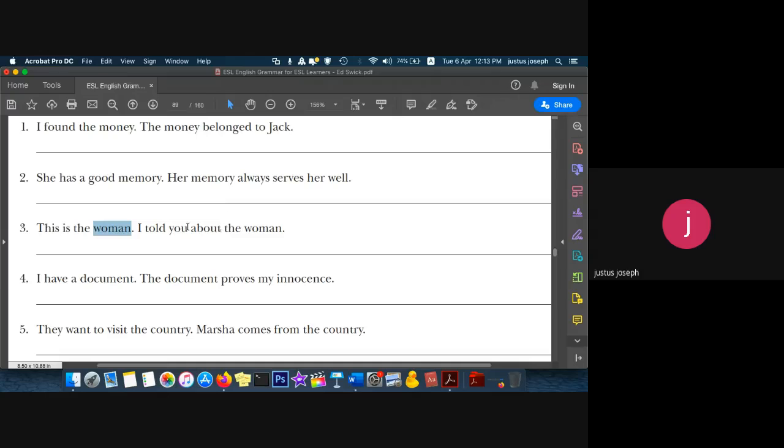So what do you use for people? Whom. This is the woman about whom I told you. What you have changed: you have changed the woman to whom, and you've just taken this whole thing and placed it here. That's all we have done here.